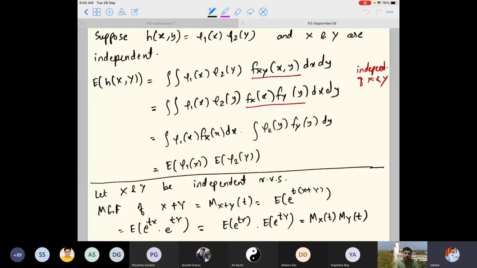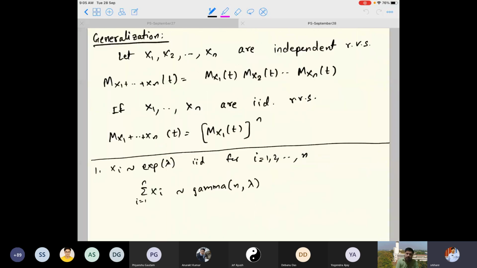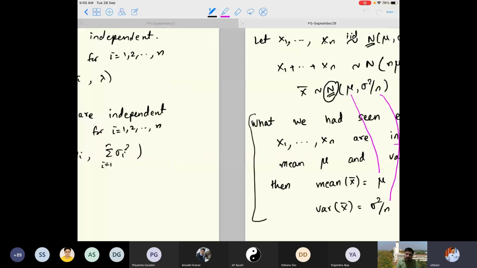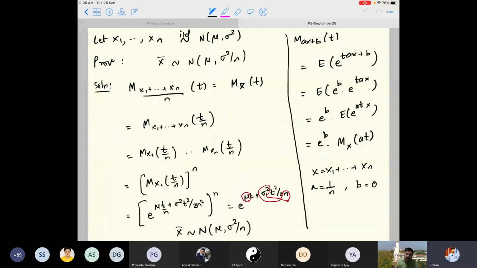And what is the definition of moment generating function? The definition of moment generating function is expectation of e power tX. And what you will see in your signals and systems course next semester is how you evaluate these convolution integrals easily. You will see that evaluation of convolution integrals can be done very easily by transforming into the S domain.